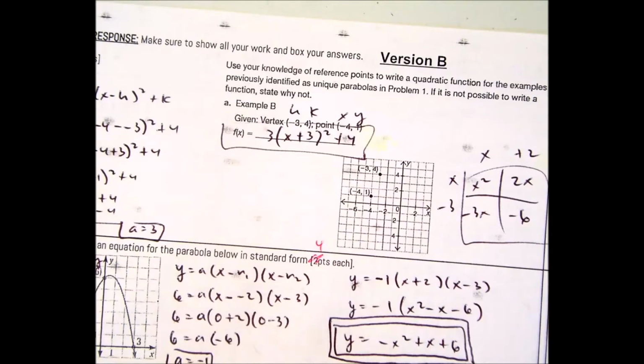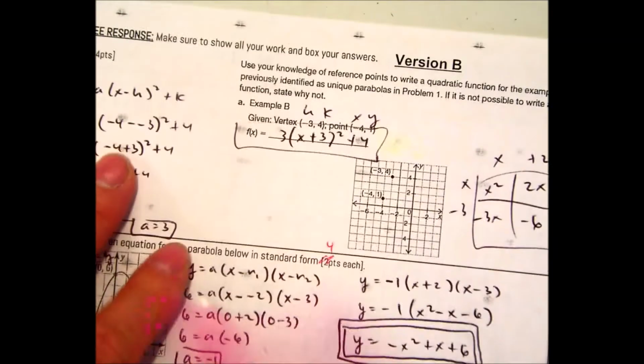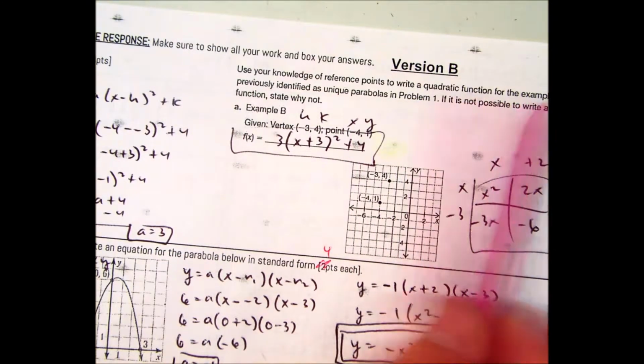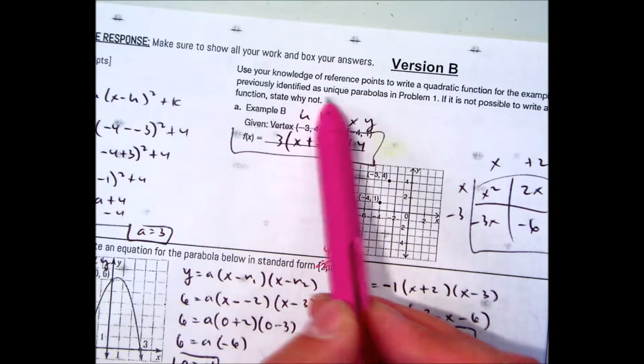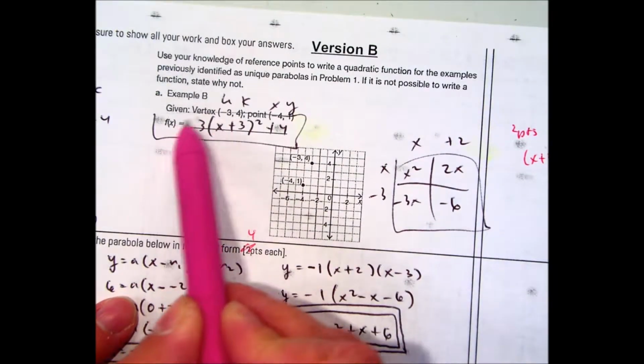Turn to the back side. I just took this directly from a packet. Use your knowledge or reference points to write a quadratic function for the examples previously identified in unique parabolas in problem 1. If it is not possible to write a function, state why or why not. So in the graph, I give you some hints.